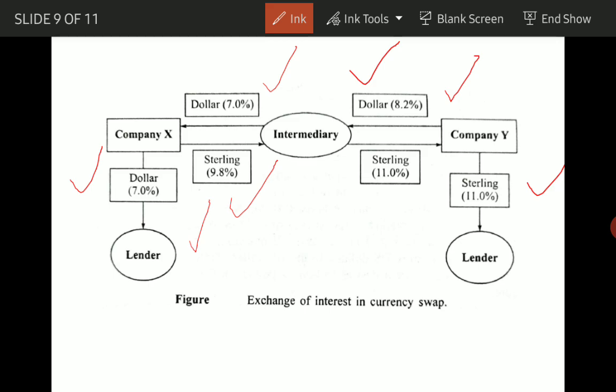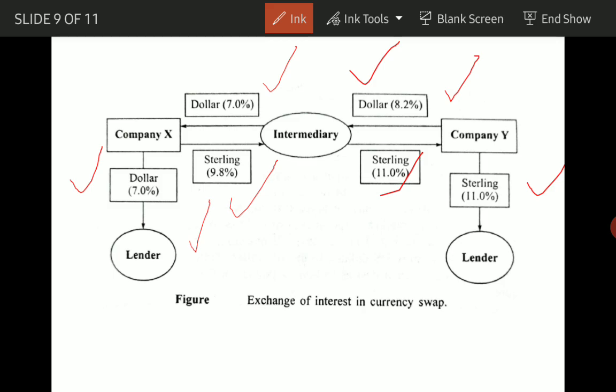And when company X is paying the interest on the sterling loan, it is paying 9.8%, and the same intermediary is paying the sterling interest at the rate of 11%, so 1.2% extra. So here the excess interest receipts are used to pay off the excess interest that has to be paid by the intermediary. So this is how the interest is exchanged in a currency swap, and both companies can reduce their borrowing cost.